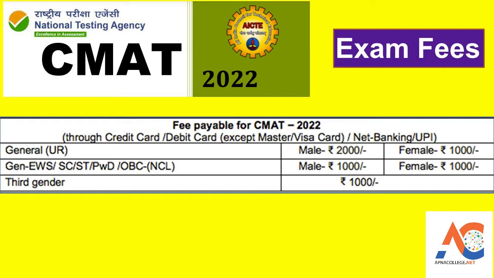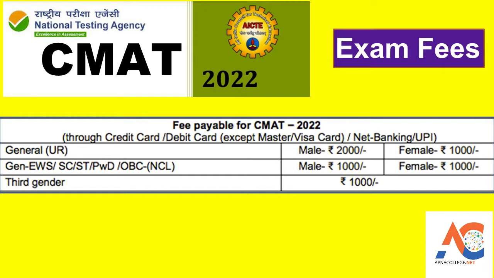Now, let us look into CMAT 2022 examination fees. Here, the examination fees for the CMAT application 2022 will be different as per the category. If you belong to the general or unreserved category and you are a male applicant, then the application fee is 2000 rupees, whereas for female candidates belonging to the general category, the application fee is 1000 rupees only.